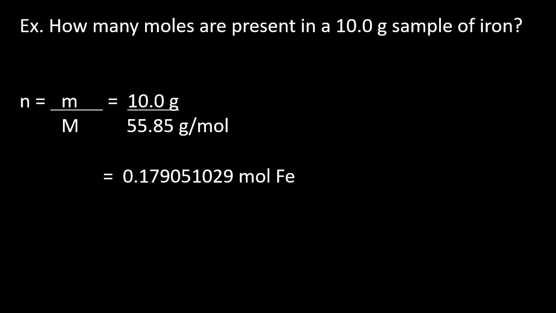That works out to 0.17905 moles of iron. Because it's 10.0 grams, we're going to use 3 significant digits, so we round this to 0.179 moles.